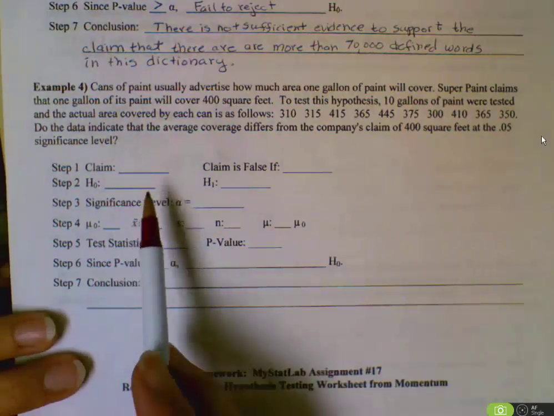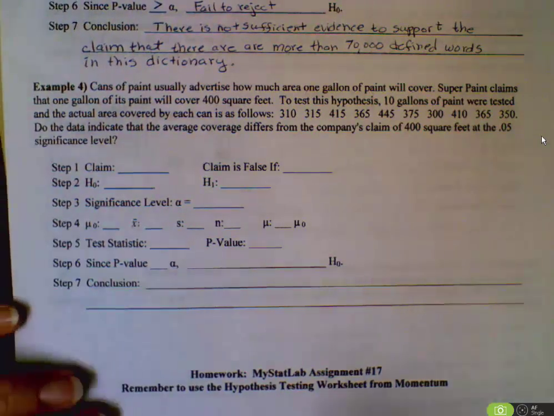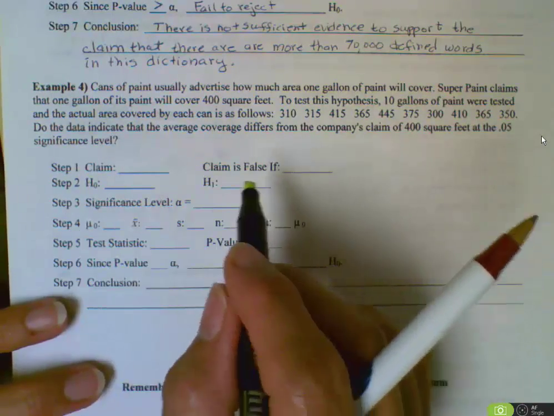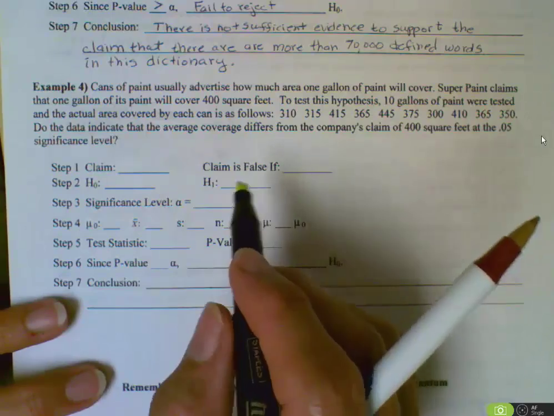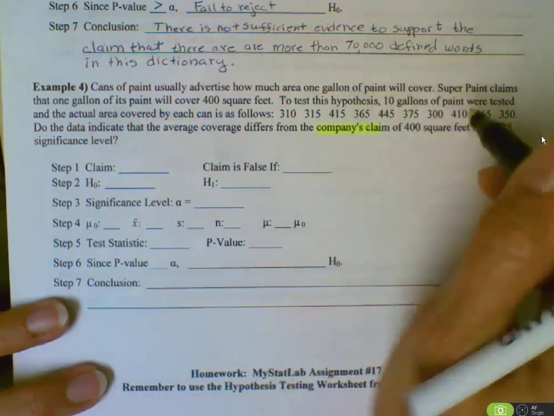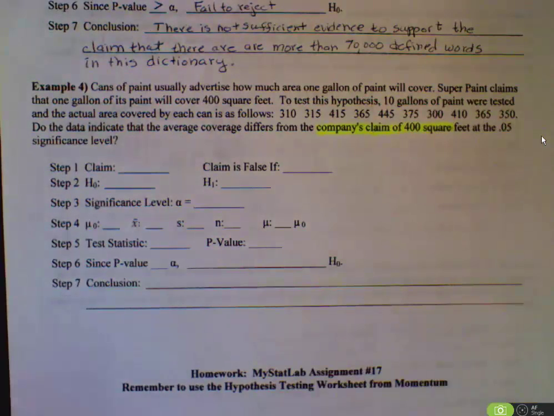All right, what's the claim here? Does the data indicate? Let's see. The company's claim is that a gallon of paint will cover 400 square feet.